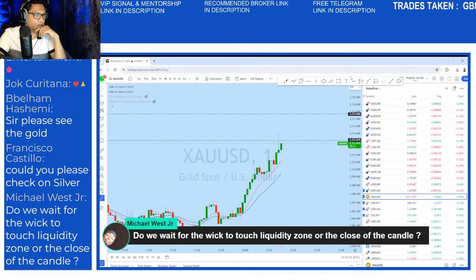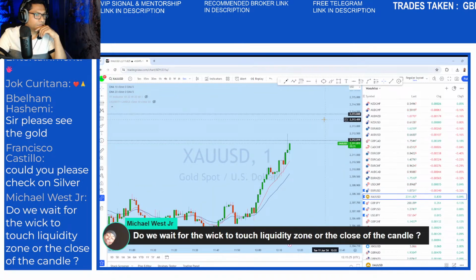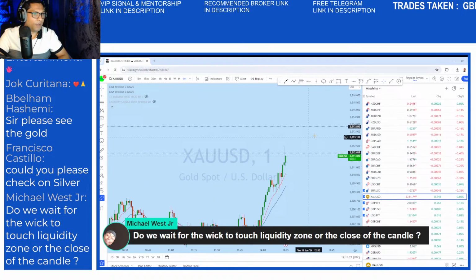So 1 minute chart. There's still probability for upside.